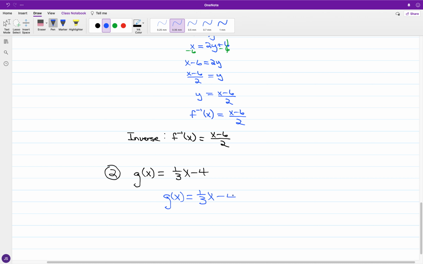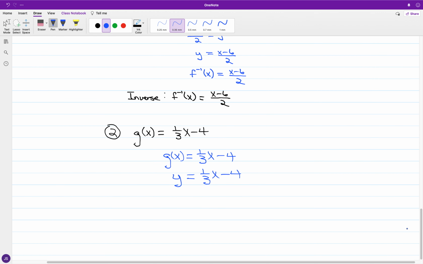Again, I'm going to do a bit of a change up. So I have the explicit functional notation. Then I'm going to go over to the implicit where I'm going to write g of x as y. So I have y is equal to 1/3 of x minus 4. And then crossing over to the inverse, once again, I'm going to interchange x and y.